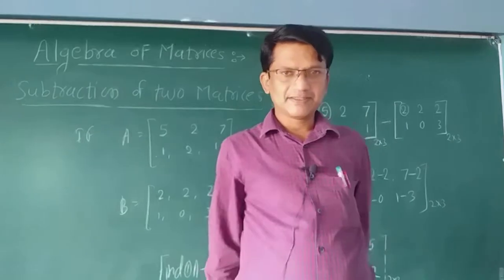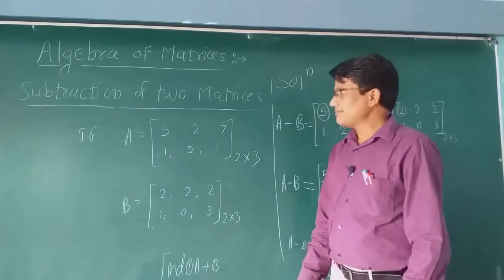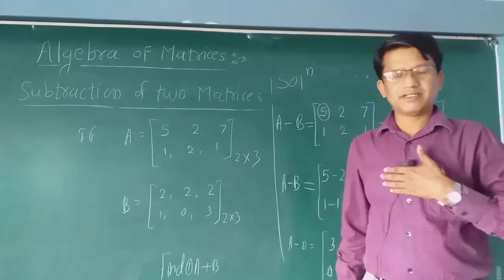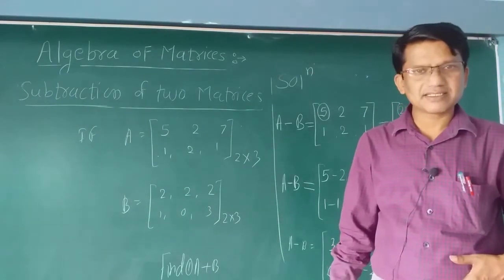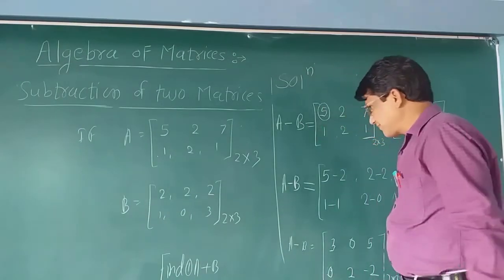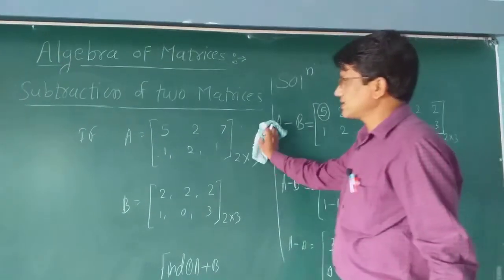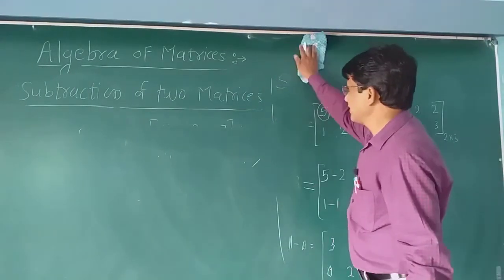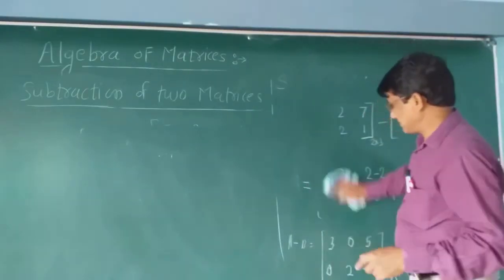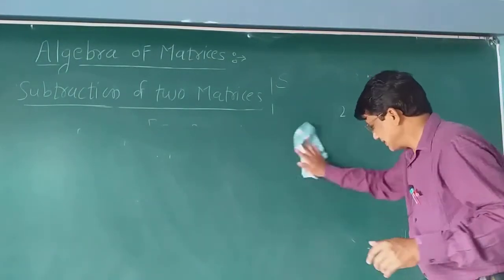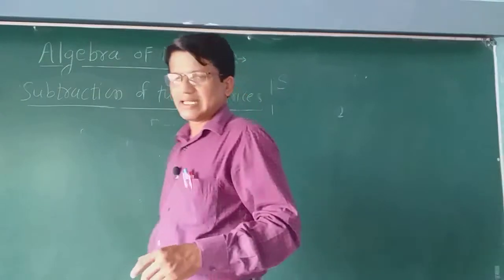In general, what is the main requirement for the addition or subtraction of two matrices? What is the main condition? The order must be the same. Let us discuss two different matrices whose orders are not the same. Let us take one more example related to the same concept.